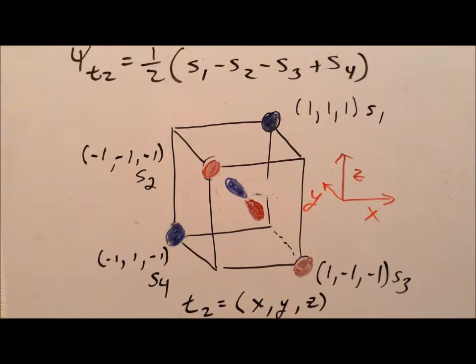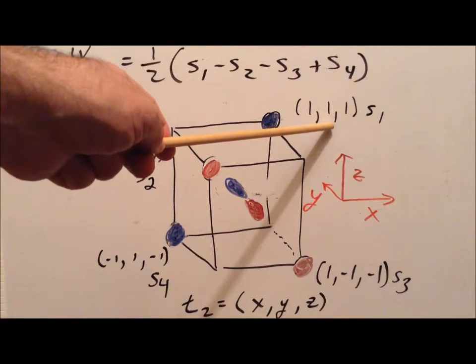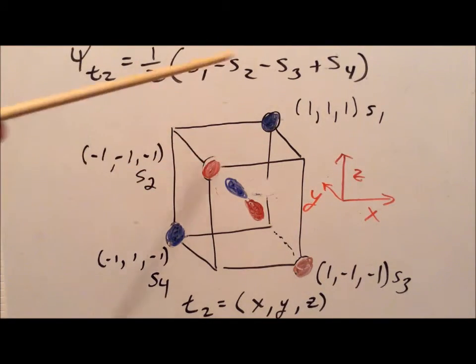For the second member of the T2 molecular orbitals, we're going to use the y basis function. In this case, using the correspondence theorem, we get the coefficient of the atomic orbital in the overall MO simply by putting the coordinate into the basis function. Since our basis function here is y, all we have to do is write down the y coordinate as the coefficient. For example, for S1, the y coordinate is a 1, so the coefficient is a plus 1.